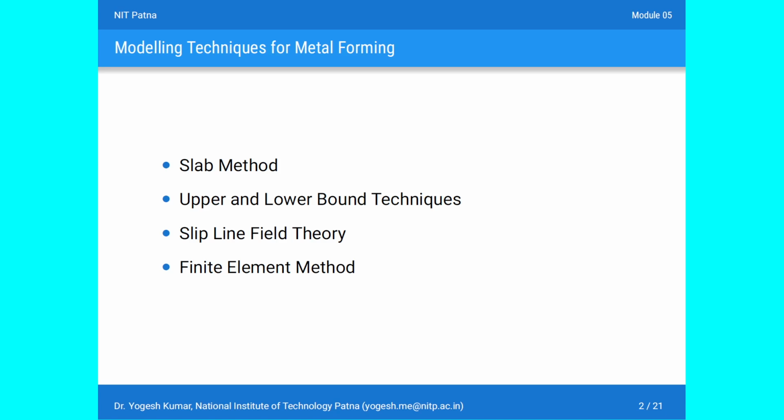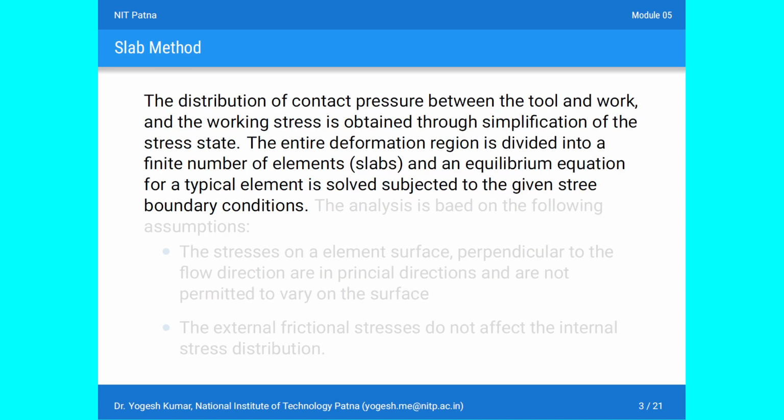Okay, so among these methods, we will be taking up the slab method first. We will try to find the exact solution for various metal forming processes using the slab method. So let us come to the slab method.